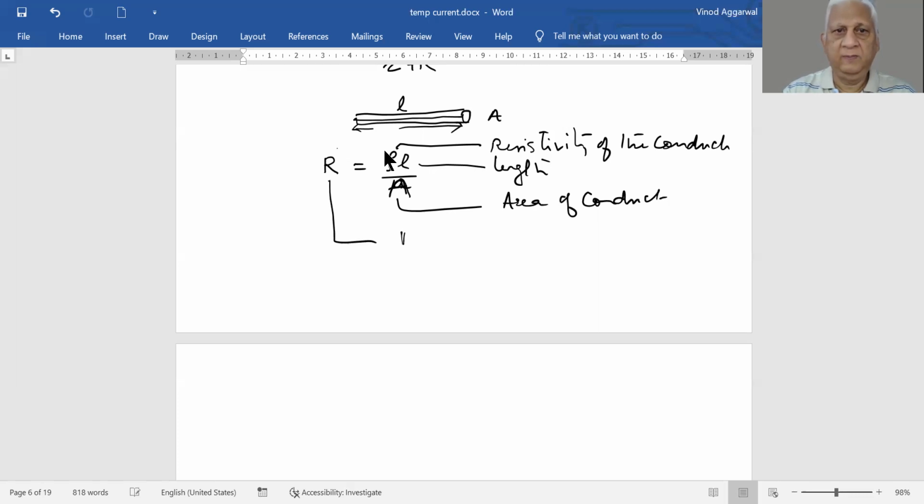So this is the resistance of the conductor.